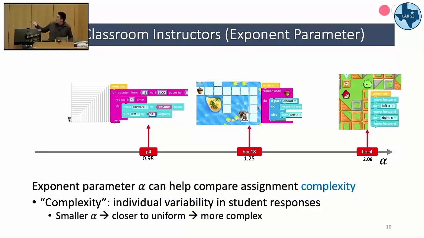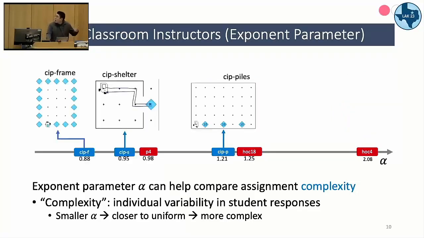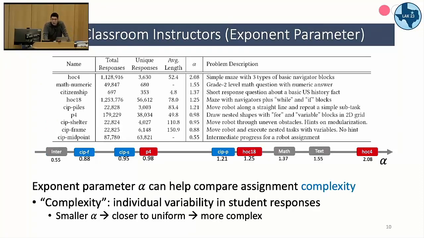And you can see that these assignments are in the order of decreasing alpha. A similar trend also happens in other types of introductory programming assignments and across different types of assignments as well. So this measure of complexity can help instructors understand their assignments and make adjustments if necessary.